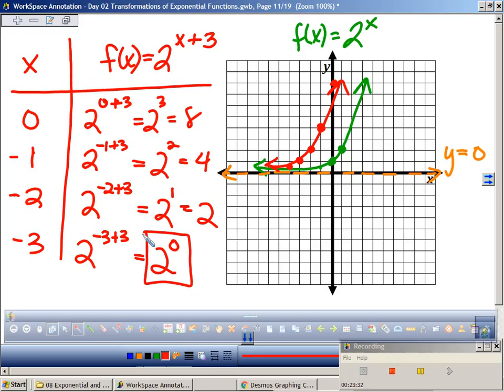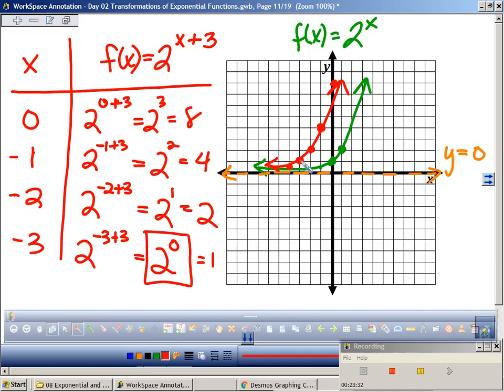That's that magic reference point. So when I go over 3, 1, 2, 3 on the x-axis, I go up how many? 1. It's right there. So my reference point is in the same exact spot. It's just shifted over 3.